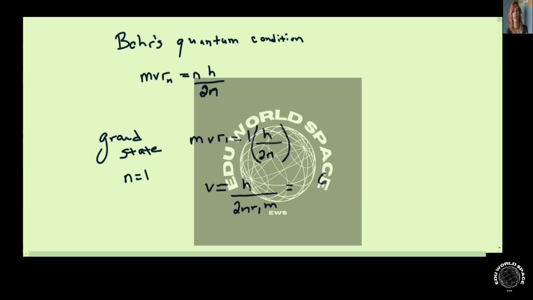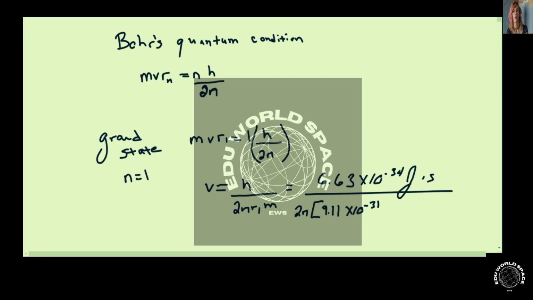So we have Planck's constant, which is 6.63 times 10 to the negative 34 joule seconds. And this is over 2 pi times the radius, and the mass here, which is 9.11 times 10 to the negative 31 kilograms.